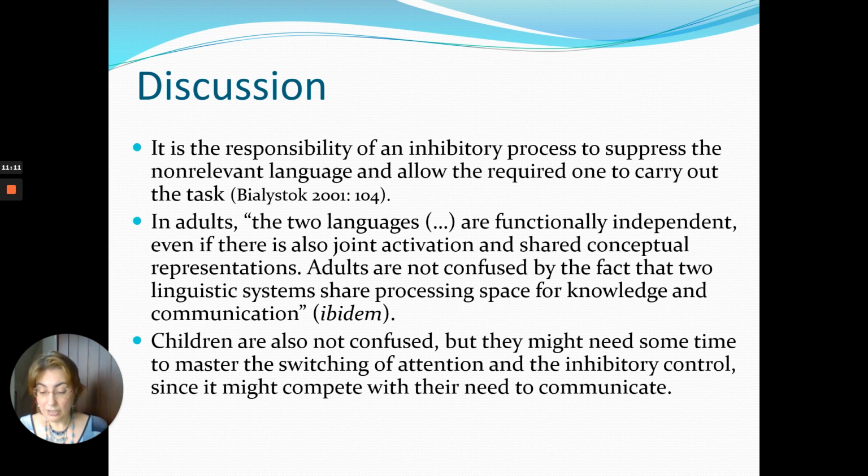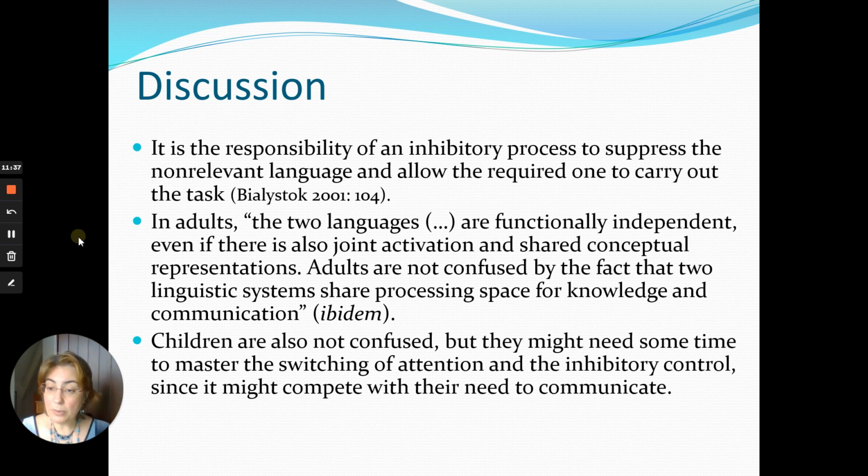But for children, the same as for adults, both systems get activated in their mind simultaneously, and adults have mastered the technique of inhibiting one and allowing the second one to manifest, while children might not. And that's why children might actually mix languages more than adults and so forth.